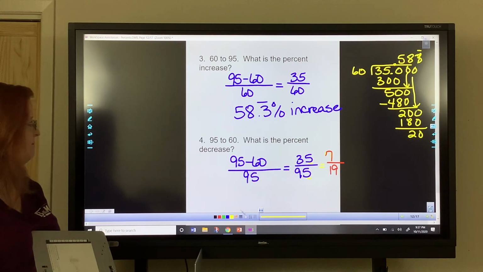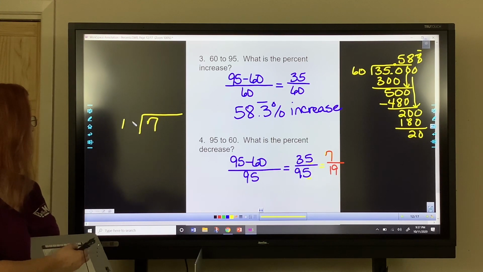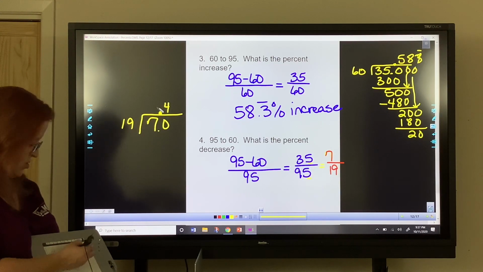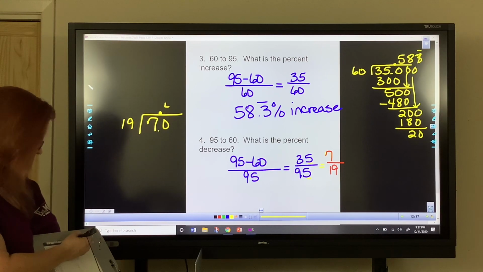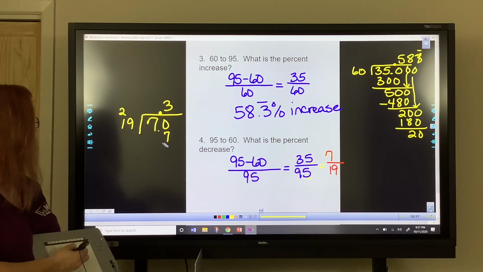So let's divide. We'll come over here. Top number goes on the inside, bottom number goes on the outside. So 70, 4 won't work. So let's go with 3. That'll be 57, subtract.